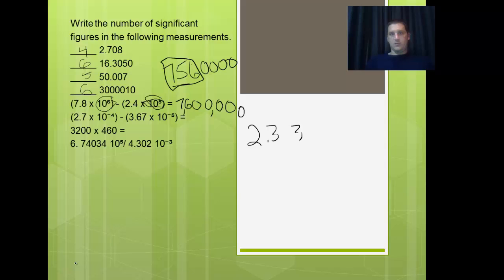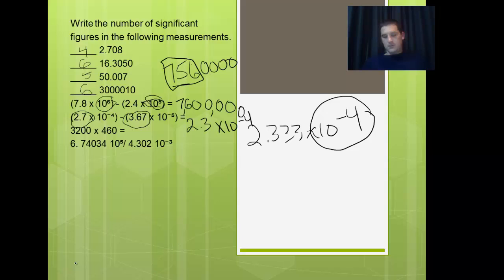Okay? So you can only have 2 significant digits. This number has 3 significant digits. This number has 2 significant digits. So your answer can only have 2. And again, the exponential power does not count. So it's simply going to be 2.3 times 10 to the negative fourth.